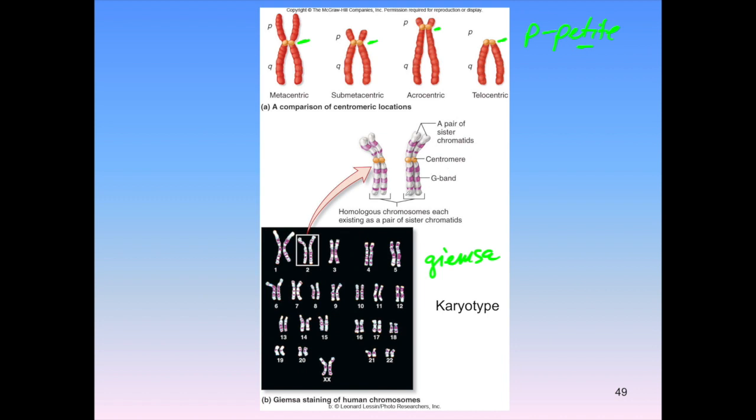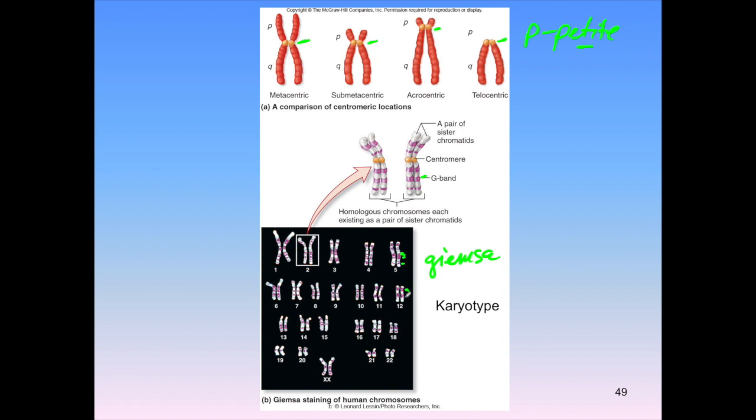They use this reddish type stain, and where chromosomes are really, really super condensed, the Giemsa stain really concentrates in that area, and so it gets much darker, and so we can see these really nice dark lines.